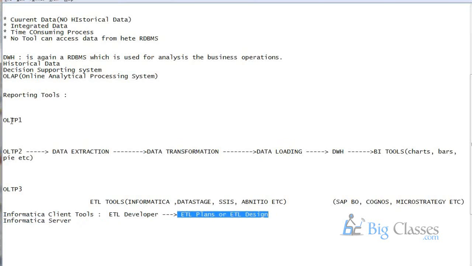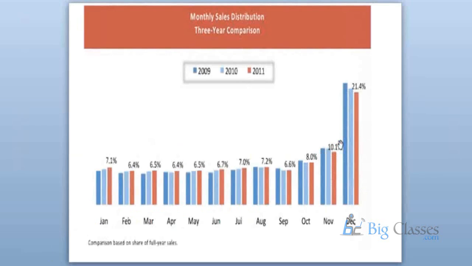You're going to extract the data from the tables in the OLTP system, transform the data, and load the data into the data warehouse. You're going to design the plan of the ETL.